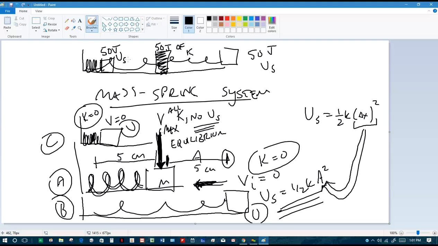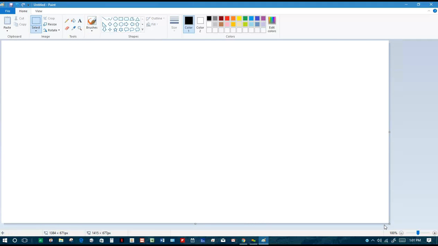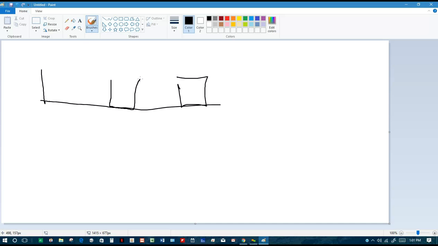Okay, maybe a couple equations that would be potentially useful. Not going to derive them by any means right now. But for this case that we're talking about, when the mass is all the way at the end versus all the way at the center versus fully compressed, the maximum velocity is always equal to the amplitude times the angular frequency.